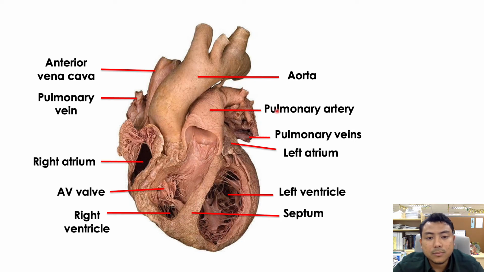Okay. Pulmonary artery, so when you say artery, means the blood vessel that is transporting blood out from the heart. Okay, so since the name is pulmonary, we know it's going to be connected to the lungs. And pulmonary veins means it carries blood into the heart from the lungs.